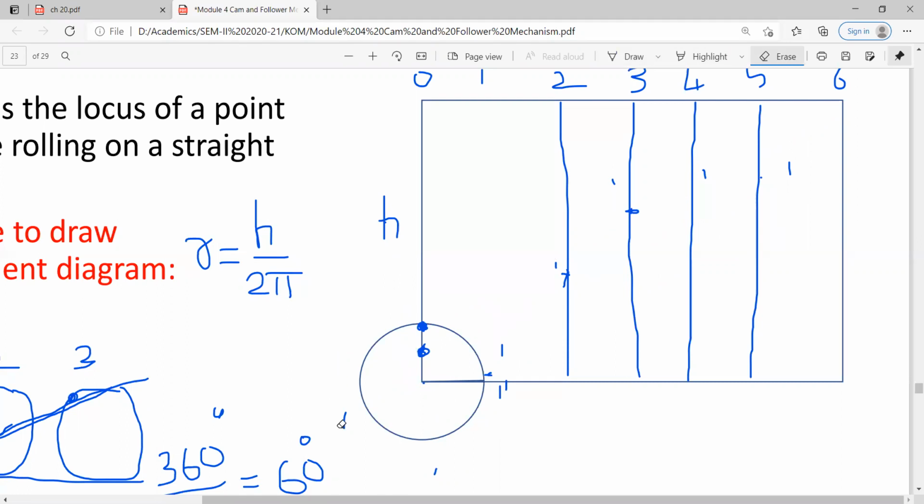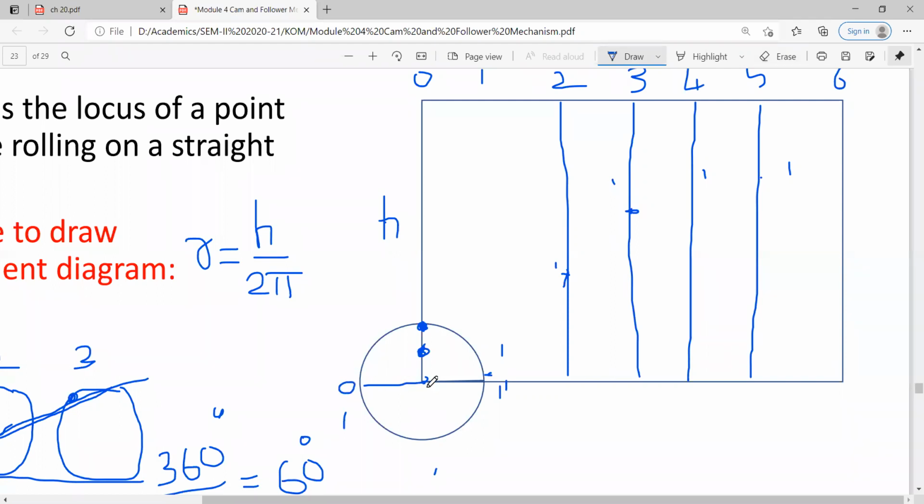Okay, so the point is that point 0 should come here and point 6 should come here. So you should start from this point.